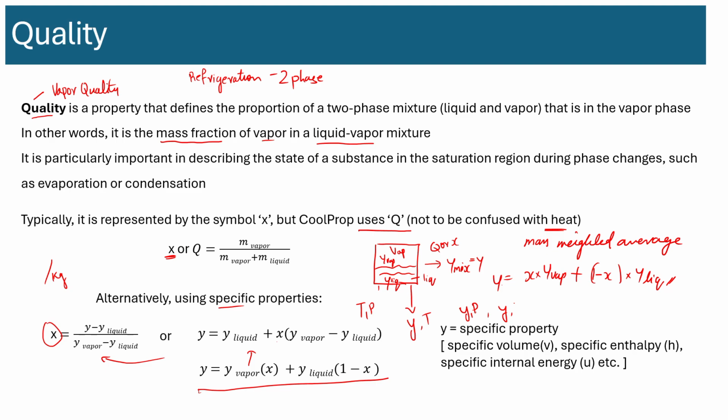But any of these specific properties with another specific property or another property like temperature, you'll be able to describe the state of the system and calculate other properties.